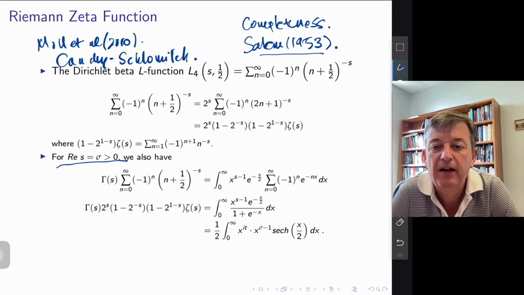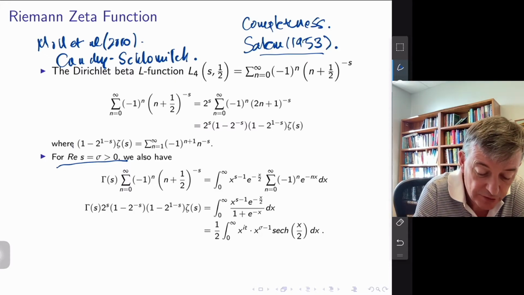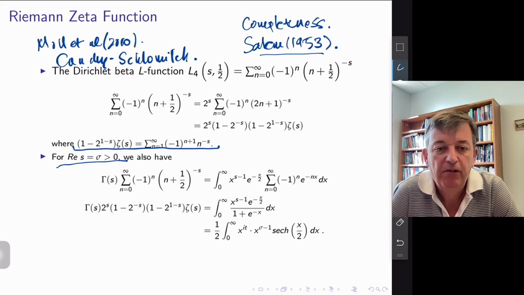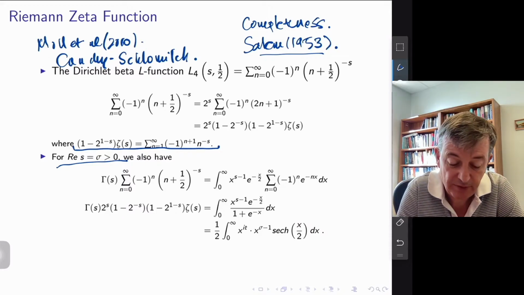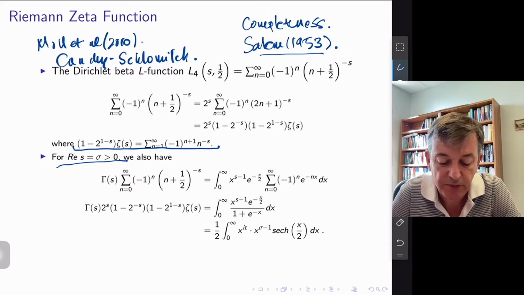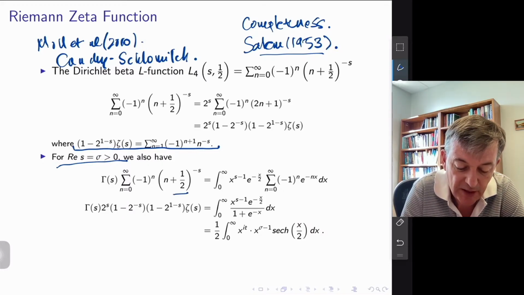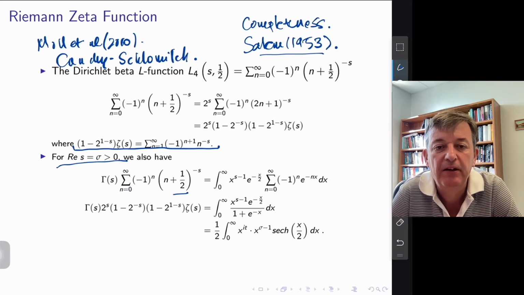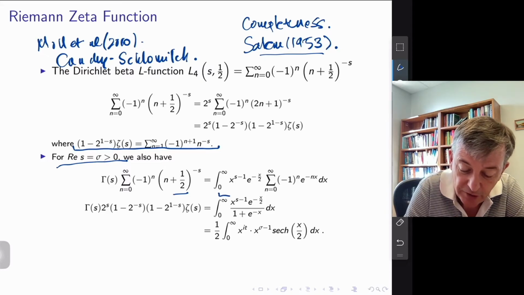So essentially, this is a slight modification of the Salem result. Salem starts with this identity here. If I regularize the zeta function by 1 minus 2 to the 1 minus s, I get the sum, as n goes from 1 to infinity, of minus 1 to the n plus 1 times n to the minus s. And then if I slightly adjust by a half and work out something called the Dirichlet beta L function, I can essentially interchange integral and summation again.